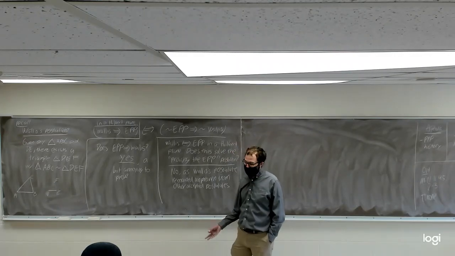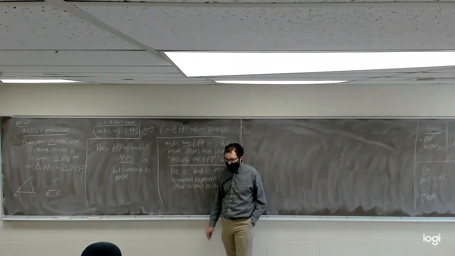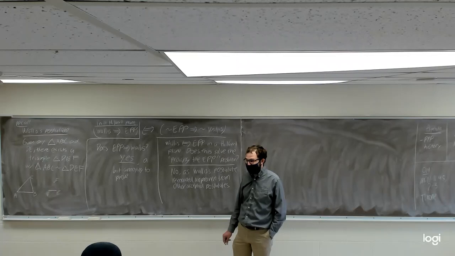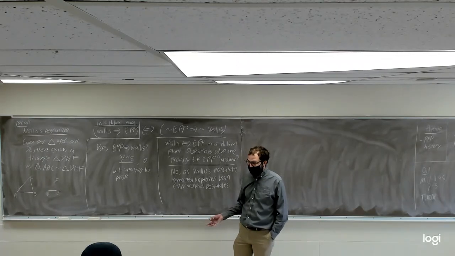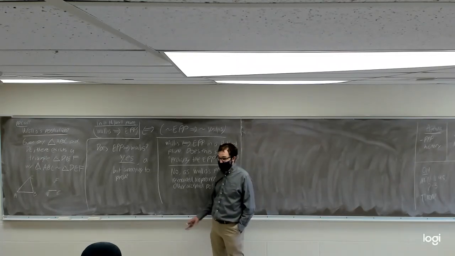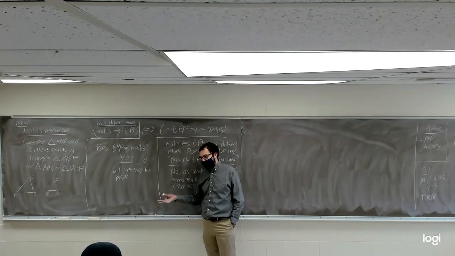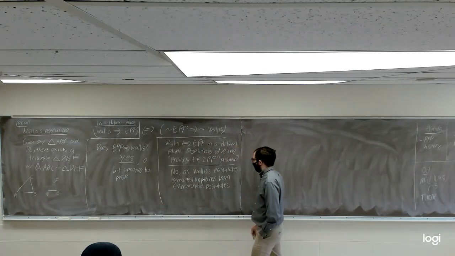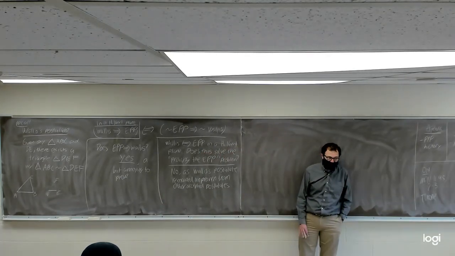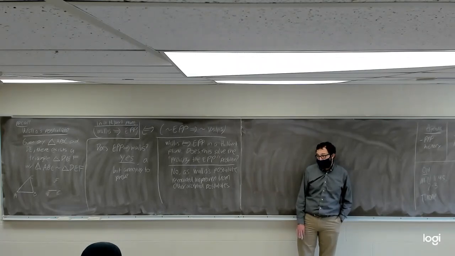So when the Euclidean parallel postulate, like 150 years ago, was shown to be logically independent of the other postulates, that automatically showed that Wallace's postulate would also have to be logically independent. Yeah, good question. You can prove Wallace is logically independent, and that would have solved the problem of whether we can prove the Euclidean parallel postulate, and the answer would be no, because if we could, then we could also prove Wallace, which we've shown we can't do.